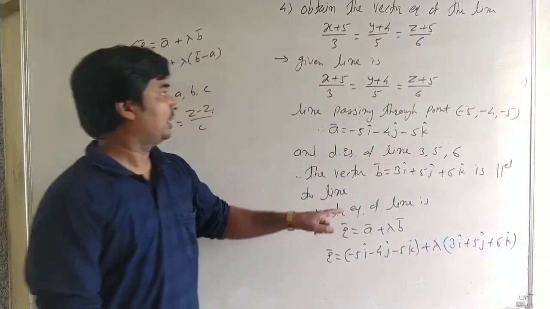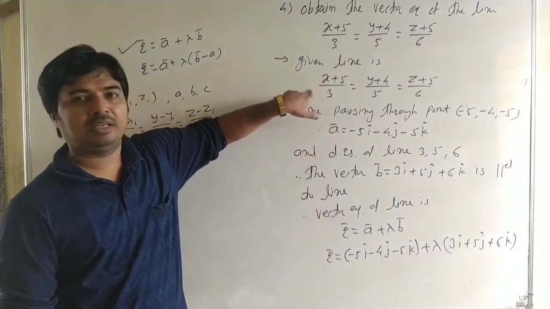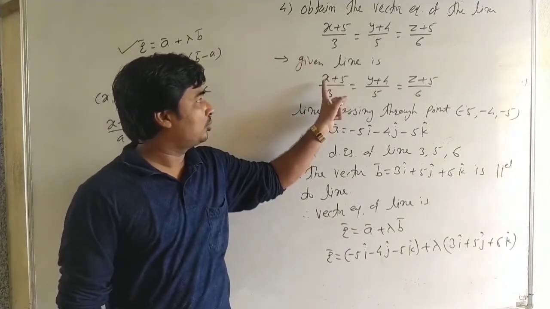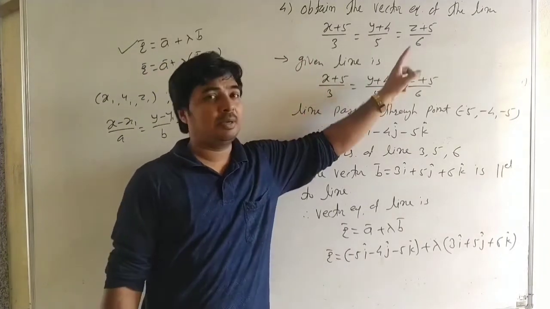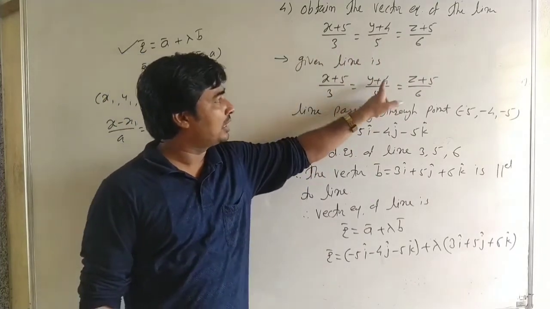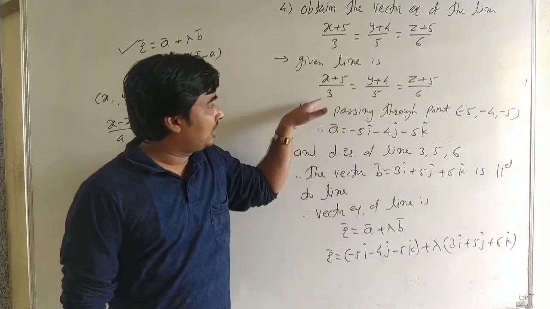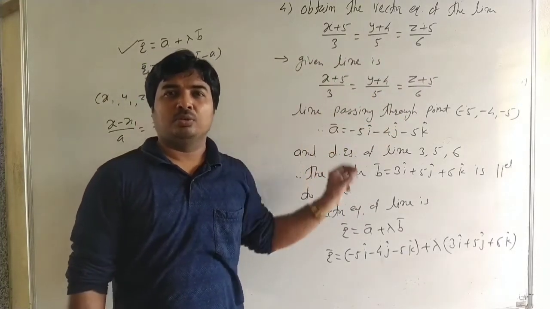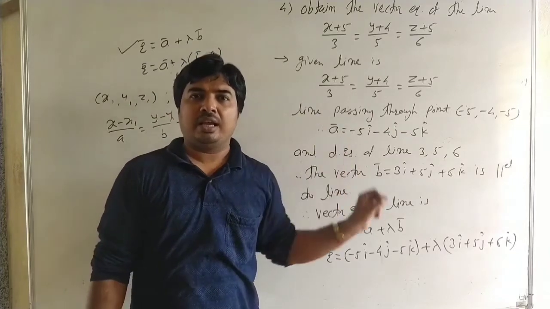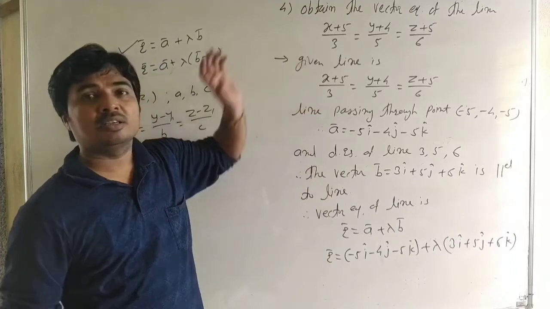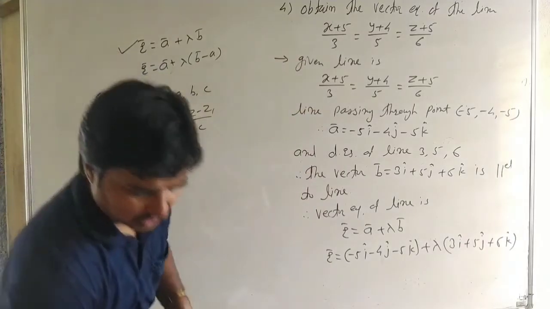See carefully, it is the vector equation of this line. This equation is in the Cartesian form, the line passing through the point x1, y1, z1, that is -5, -4 and -5, and a, b, c are the direction ratios of the line. That means the vector parallel to the line is a i cap plus b j cap plus c k cap. It is a vector equation and it is a Cartesian equation. Now we see the next example.